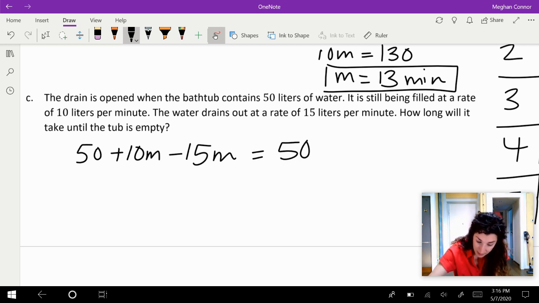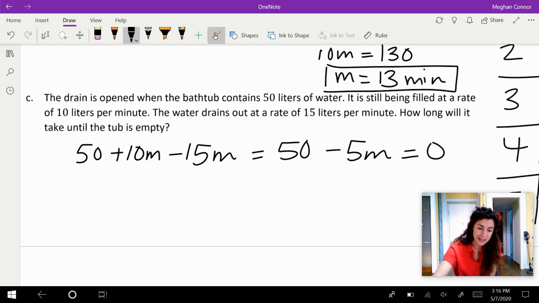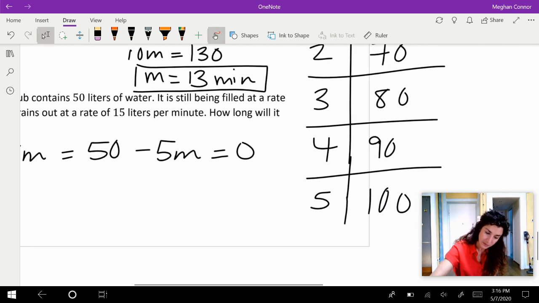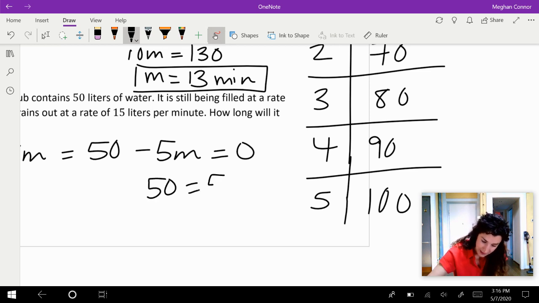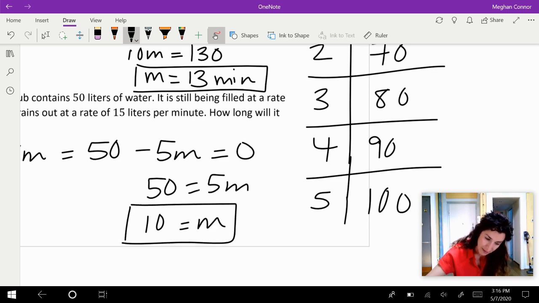So we can combine like terms and have a formula that looks like that. How long will it take till the bathtub is empty? So we want to know how many minutes until this guy is 0. I'm going to add 5m to both sides and get that 50 is equal to 5m, and then 10 equals m. So after 10 minutes, the bathtub will be empty.